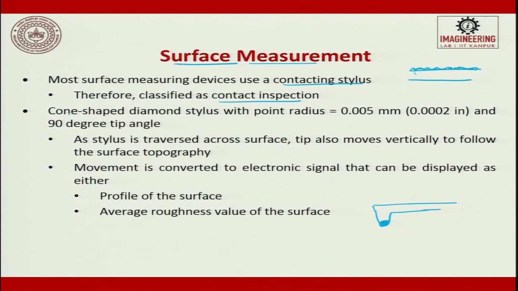A cone-shaped diamond stylus with a point radius of 0.005 millimeter and a 90-degree tip angle is used. You can use it like this, or you can also have a ball attached, so you will have a point contact. As the stylus traverses across the surface, the tip also moves vertically. When it is scribed over the surface, the tip moves up and down vertically to follow the surface topology.